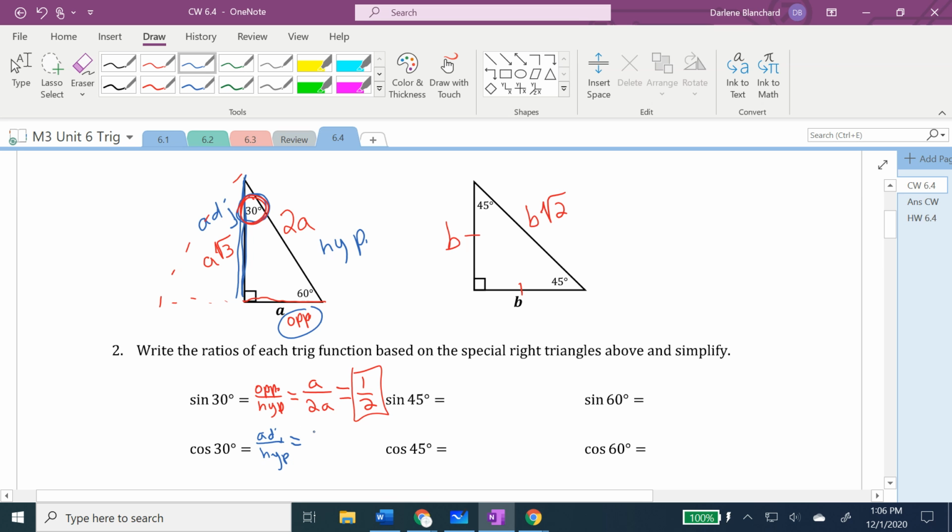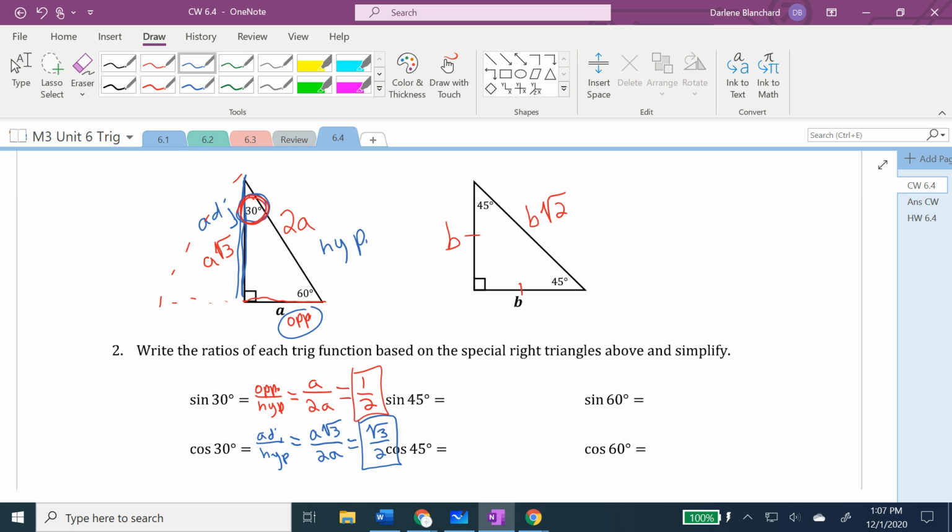And I get A times the square root of 3 divided by the hypotenuse 2A. The A's cancel, leaving me with the square root of 3 over 2. So we have 1 over 2, and we have the square root of 3 over 2. I'm going to move over to the 60-degree angles because of how quickly this is going to go.